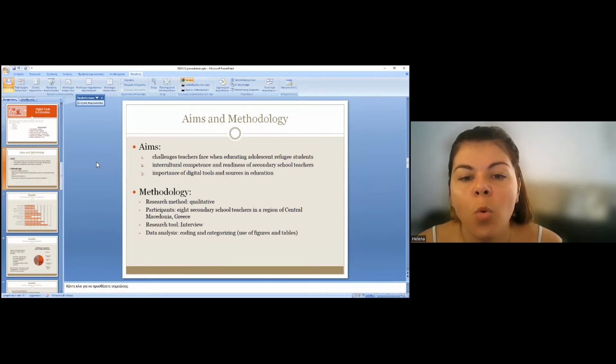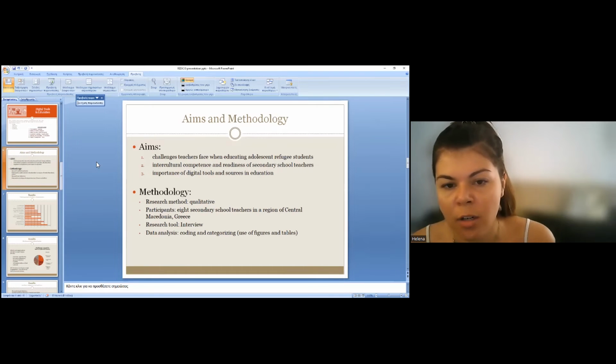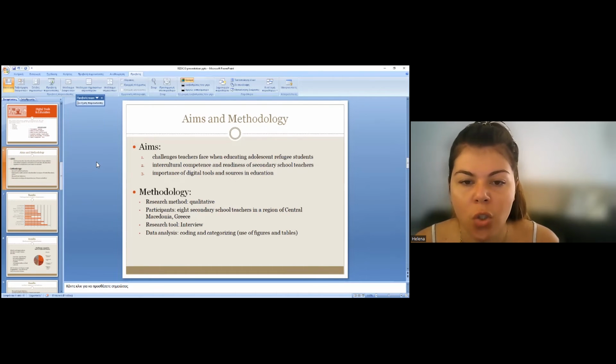The second aim was to investigate the intercultural competence and readiness of secondary school teachers. And the last one was to point out the importance of digital tools and sources in education. Just for the record, the methodology of the research was the qualitative one.